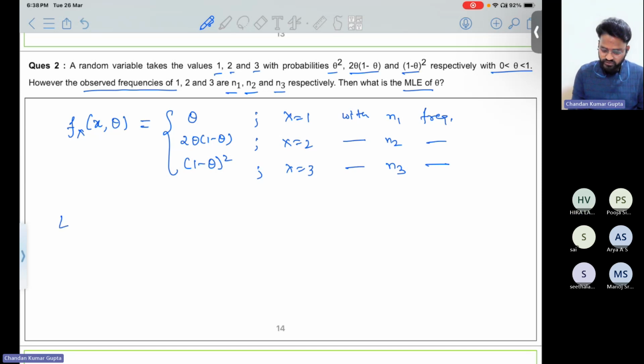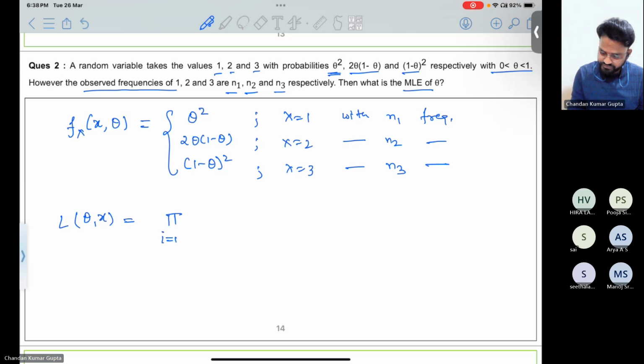So for x equal to 1 the probability is theta square, no sir? Yes, it is theta square. Theta square, 2 theta 1 minus theta, and 1 minus theta whole square. Okay, so our likelihood function will be the product of these three. Because it is partitioned into 3 different parts, we have a product form.